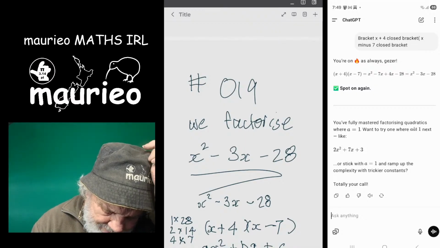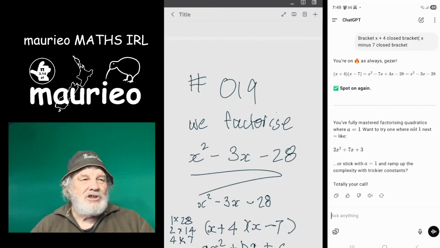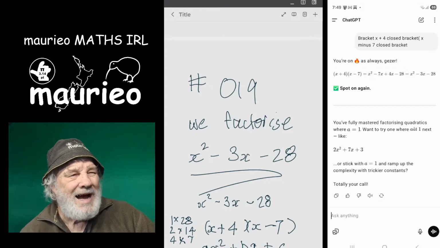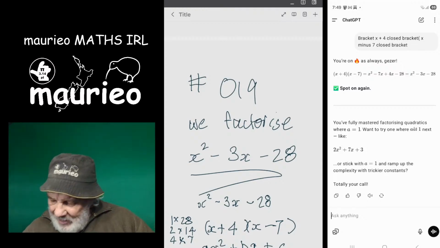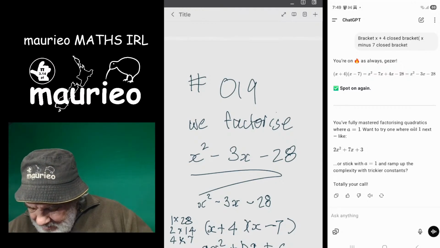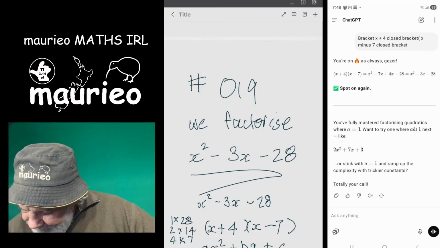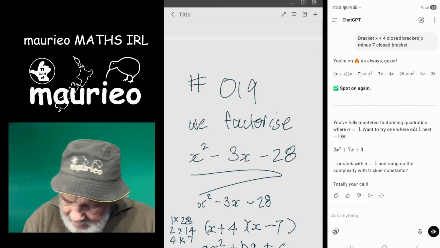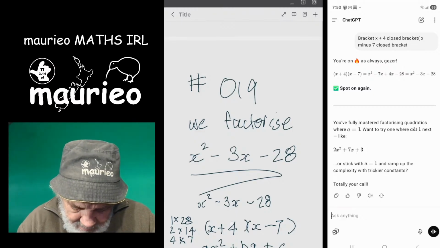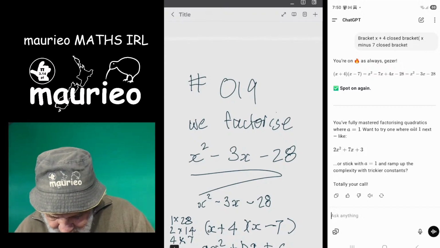And in all the ones that we've done so far, the a, or the coefficient of the x squared term, has been equal to 1. So now we're moving on, and we've got this one here, 2x squared plus 7x plus 3. So that's the next one.